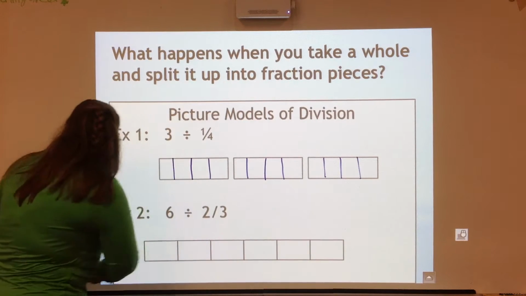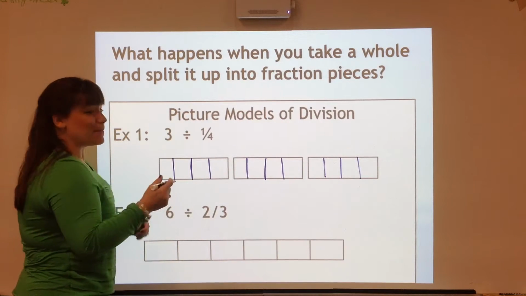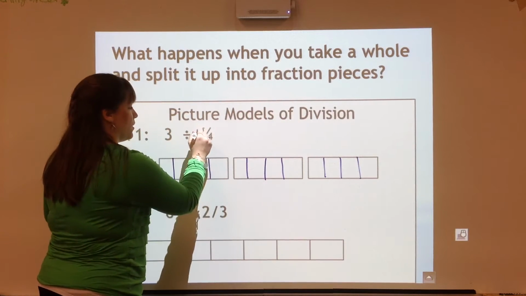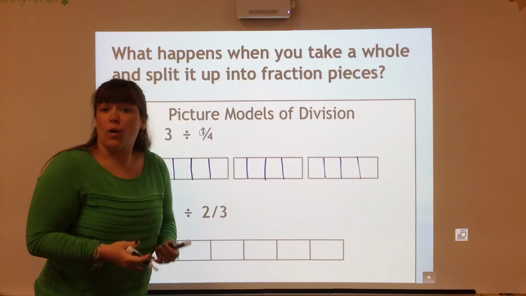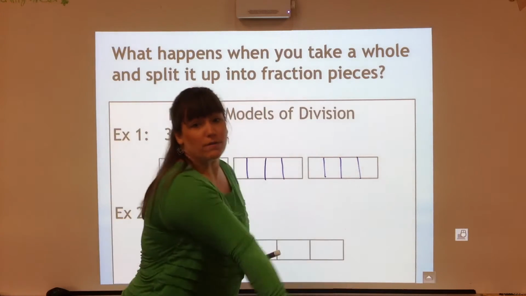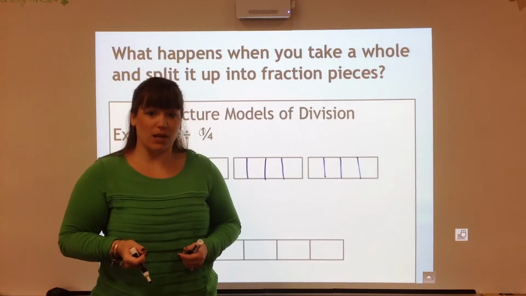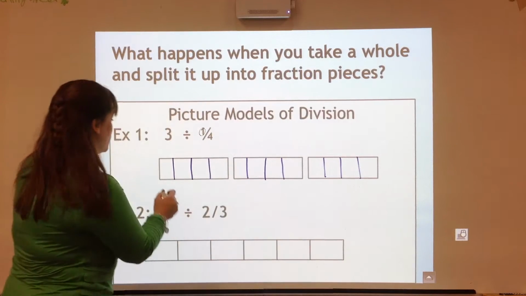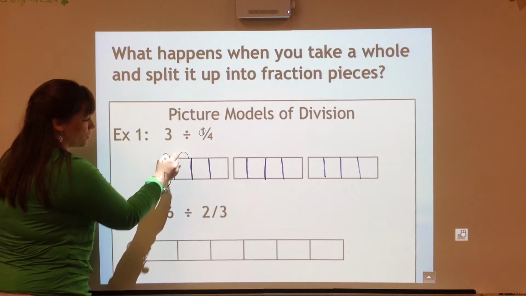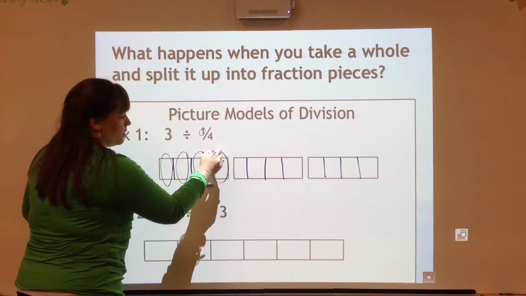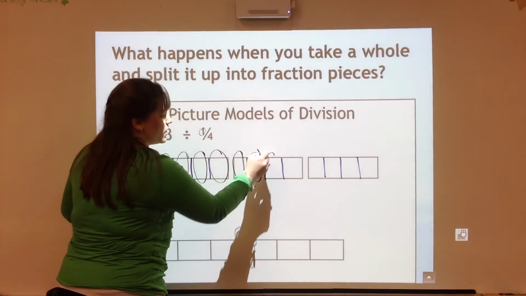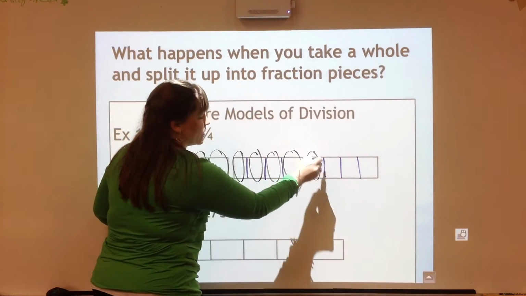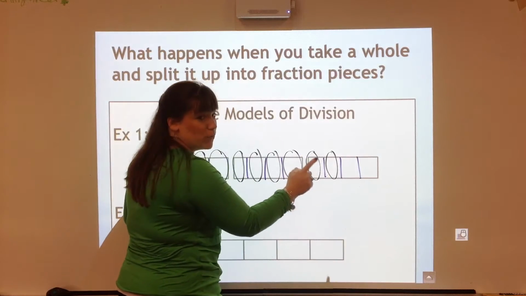And now, I'm going to use another color here, I'm going to circle the numerator. I'm only wanting to give one of those 4 pieces of cake to a guest. So I'm going to draw a circle in each box because the numerator is 1.